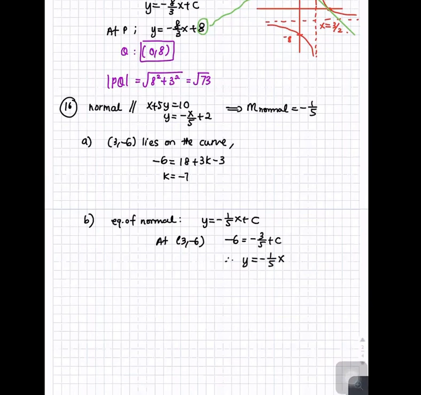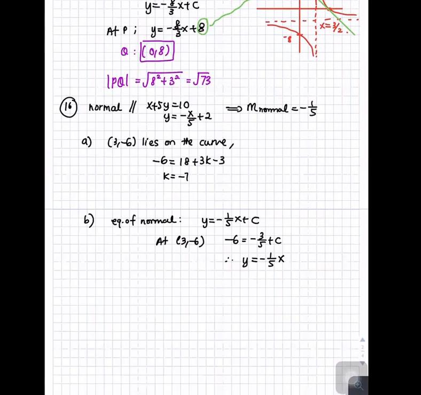What is the c value, Sri Raharjo? That means what is your c value of the normal, the y-intercept of the normal? Negative 27 over 5.